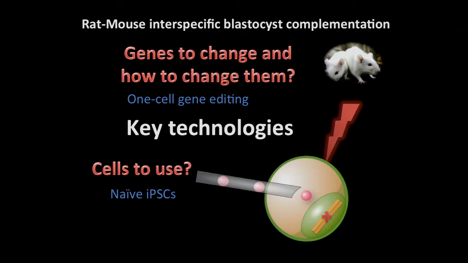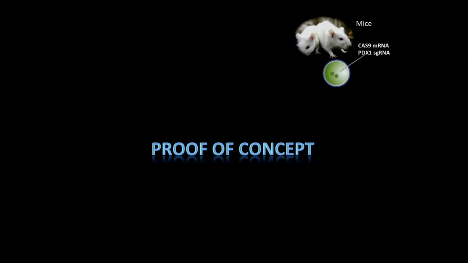To demonstrate efficacy of this approach, we first use the rat and mice, two different kinds of species, to see whether this can work or not. So for proof of concept, we collect the one-cell embryos from the mouse. We inject them with the gene editing components, which can modify the gene called PTX1 here again.